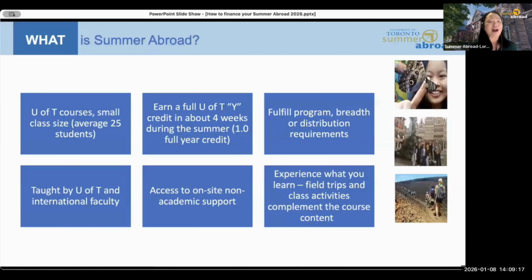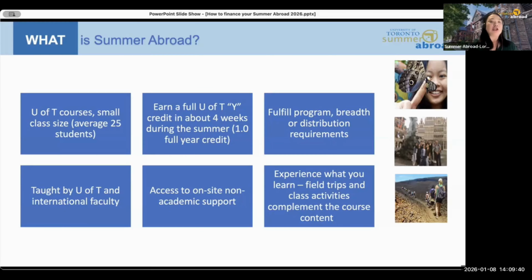It's a very unique opportunity. What makes it unique from other international programs out there at UofT itself? The Summer Abroad courses are small UofT degree courses. A full year course that you normally would complete over 8 months, maybe from September to April, is condensed over usually 4 weeks.